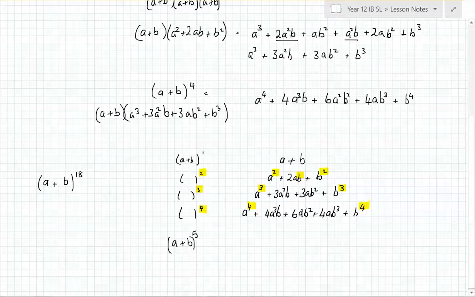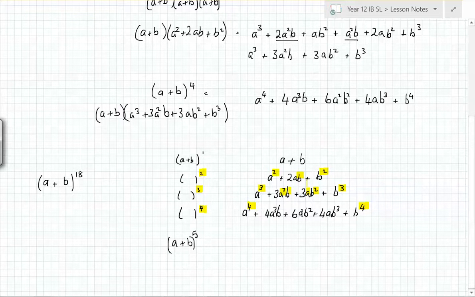So a plus b to the power of 5, what's it going to start with? A to the power of 5. And end with b to the power of 5. Now the question is, what about the rest of them? This is a to the power of 2, b to the power of 1. This is a to the power of 1, b to the power of 2.